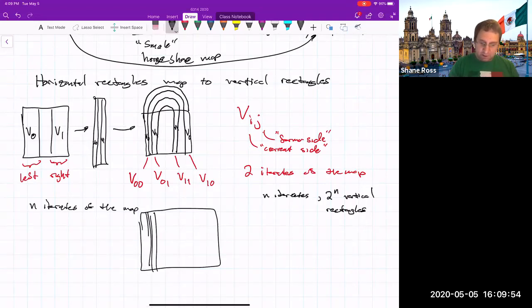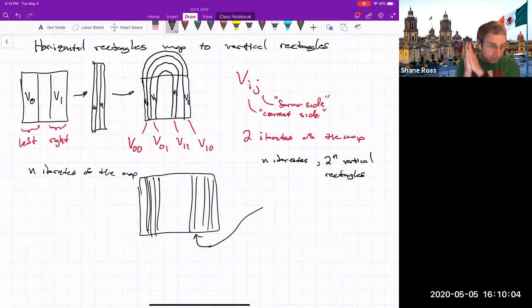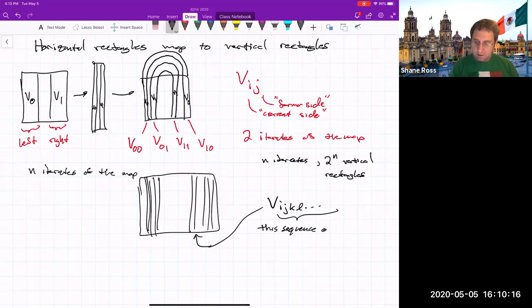We're going to have a bunch of parallel lines, and maybe they'll form some weird pattern. For each of the lines, or very, very skinny rectangles, I could label them by V, i, j, k, l, etc. And this is going to be a sequence of zeros and ones that label the past whereabouts of the initial conditions or the parts of phase space that are on that line.